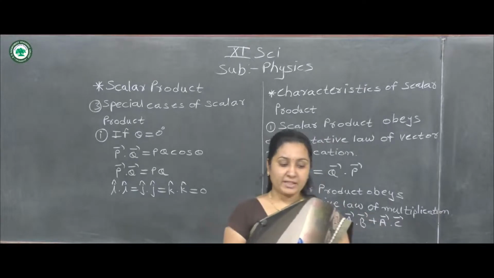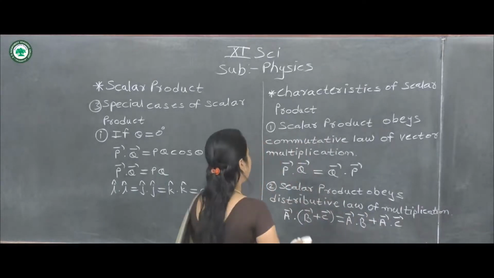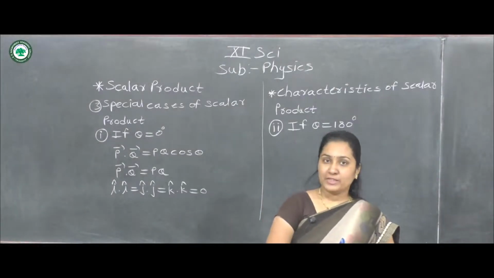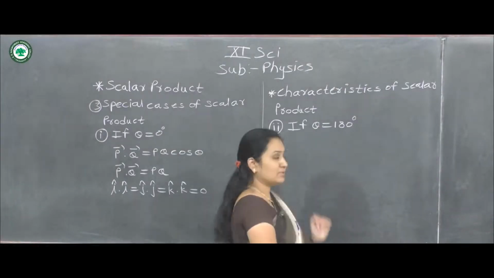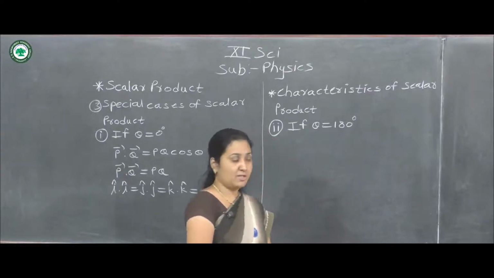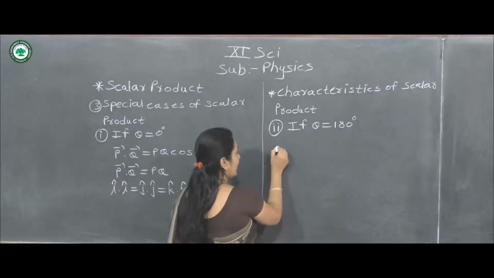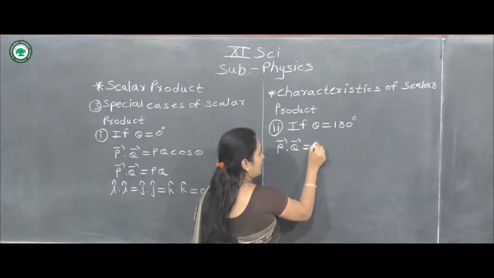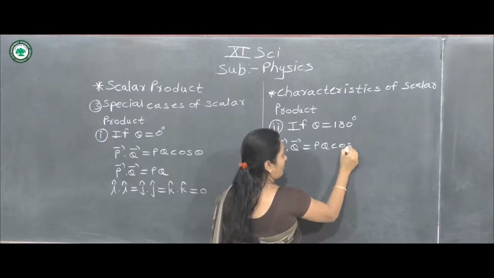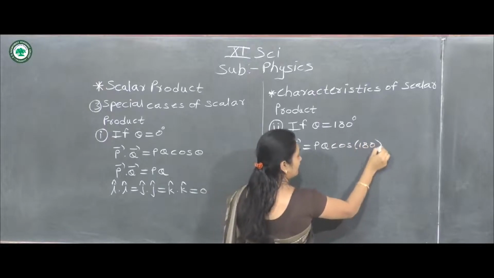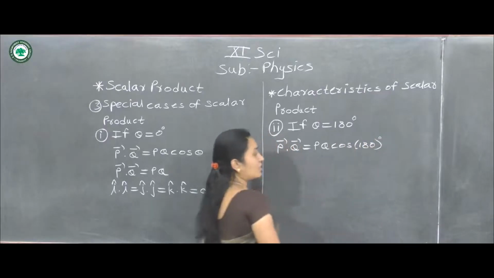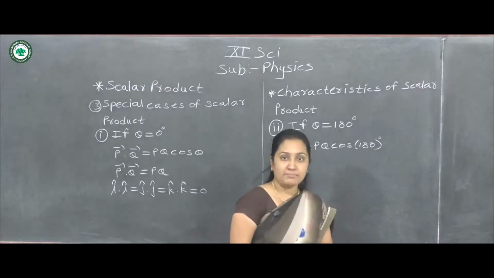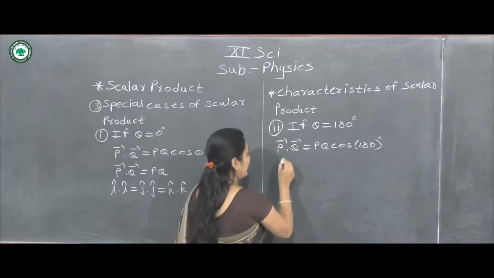Similarly, if theta is equal to 180 degree, that means two vectors are anti-parallel to each other. So in this case, we can write p bar dot q bar is equal to pq cos 180 degree, and cos 180 degree is nothing but minus 1.